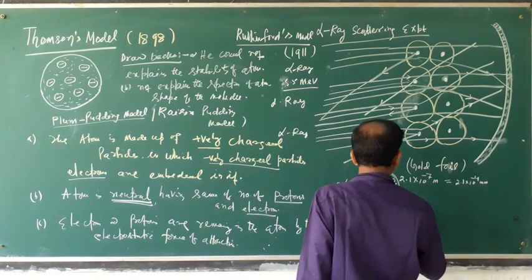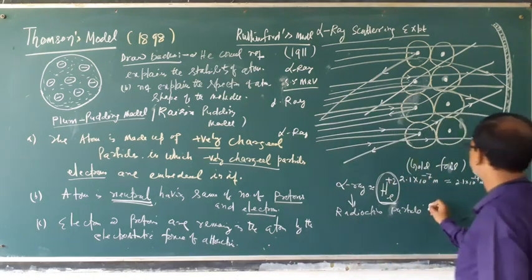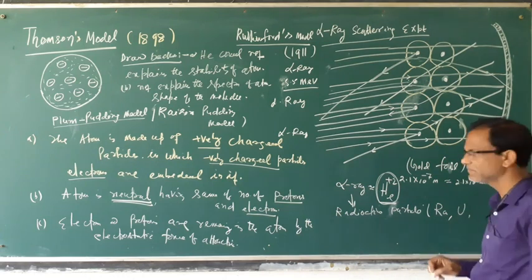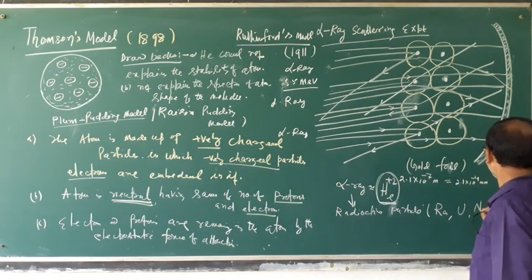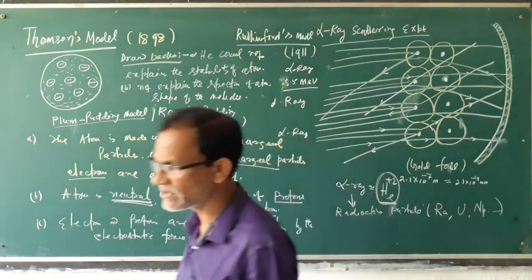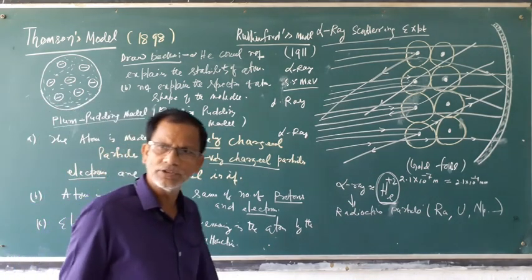Radioactive elements such as radium, uranium, neptunium, are very unstable. Their nucleus is very unstable.